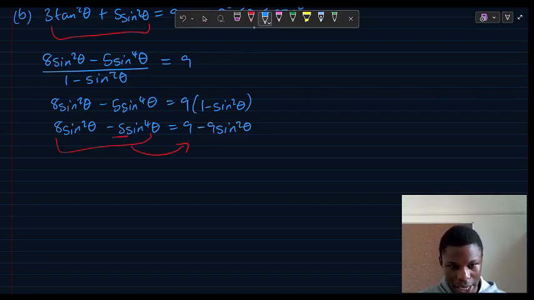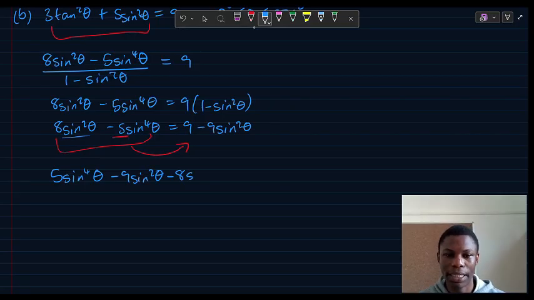So if I move the negative 5 sine to the 4 theta, it becomes positive 5 sine to the 4 theta. And then I've got my negative 9 sine squared theta already. If I move this 8 sine squared theta, it becomes negative 8 sine squared theta. And then I've got the 9 already there, and this is all equal to 0.